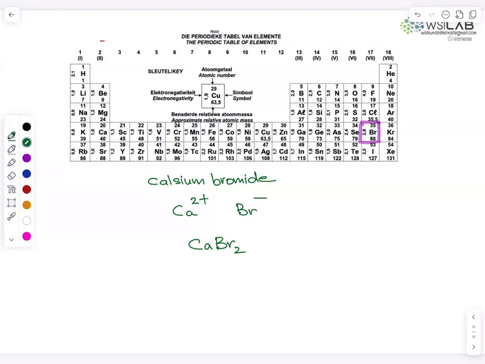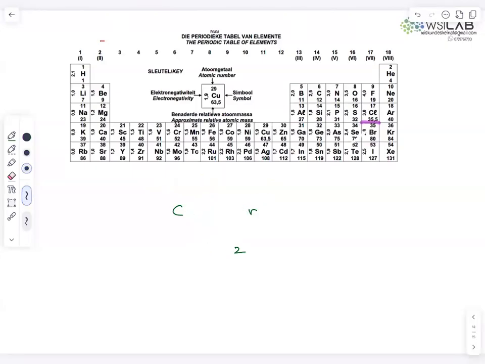Okay, right. What about, let's do a difficult one. Aluminium oxide. Okay, I'll help you find those. Here's aluminium.